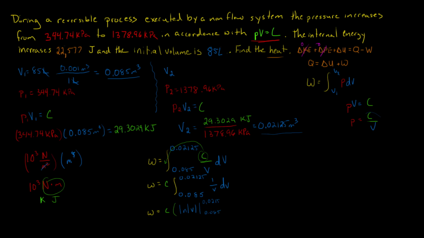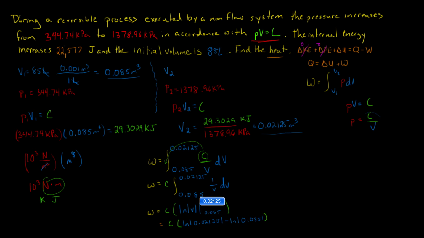So this is equal to C times the natural log of 0.085 minus the natural log of 0.02125.